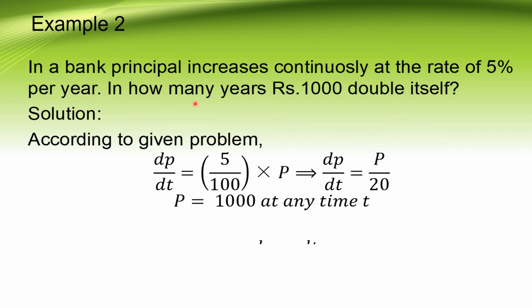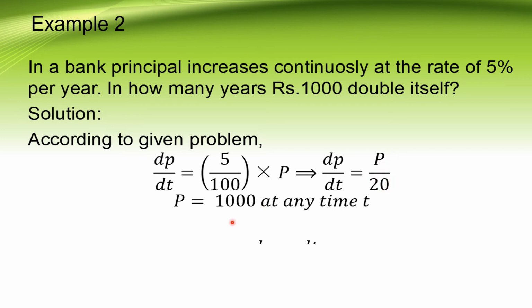So first I am going to take the given terms, that is dP by dt, the principal increasing continuously with time t. Here the rate is 5%, that is 5 by 100, multiplied by the principal amount capital P, so dP by dt is equal to, by simplifying 5 by 100, P by 20, the final term.